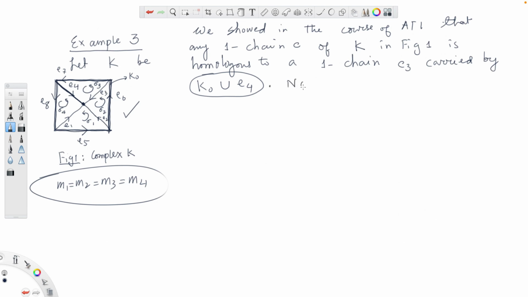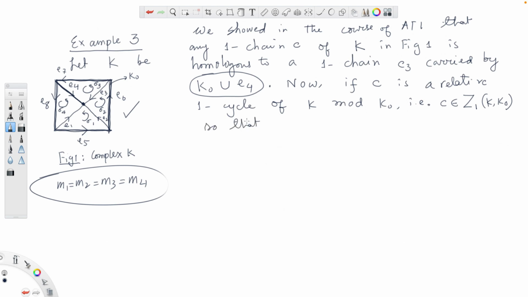Now, if C is a relative one cycle of K mod K0, that is, if C belongs to Z1 K comma K0, so that delta 1C is carried by K0, then one immediately sees that delta 1C3 is also carried by K0.